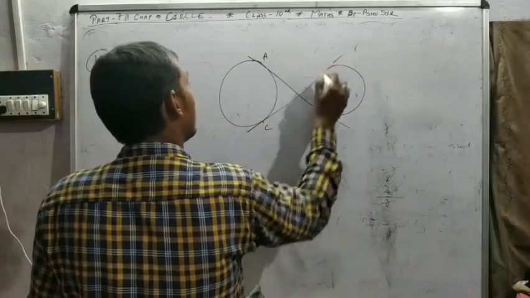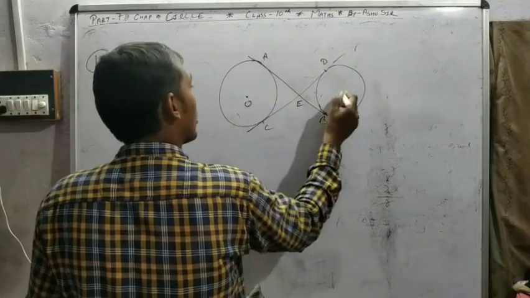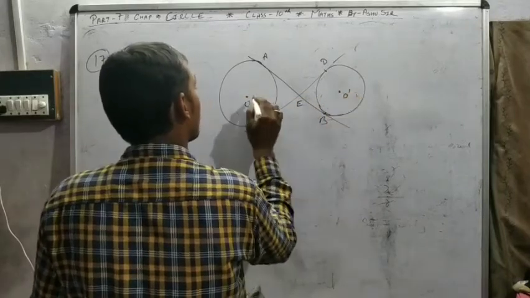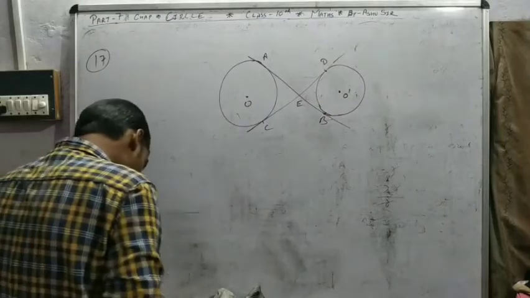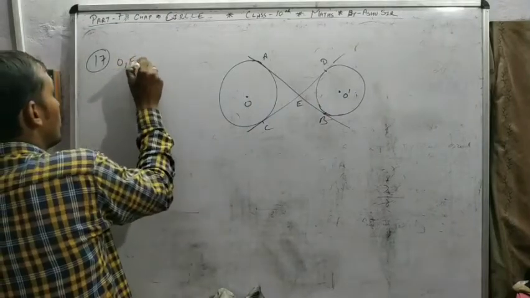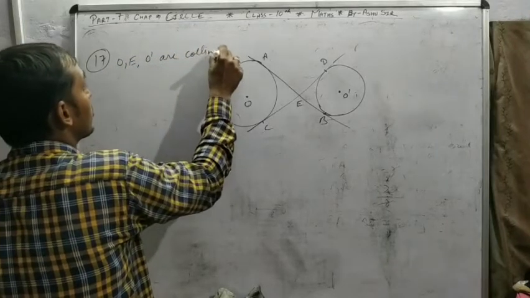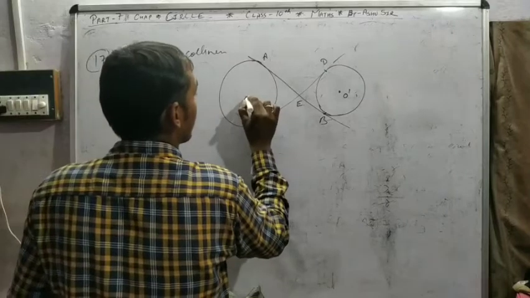AB and CD intersect at E, centers O and O dash. So prove that O, E, O dash are collinear. Means a straight line.